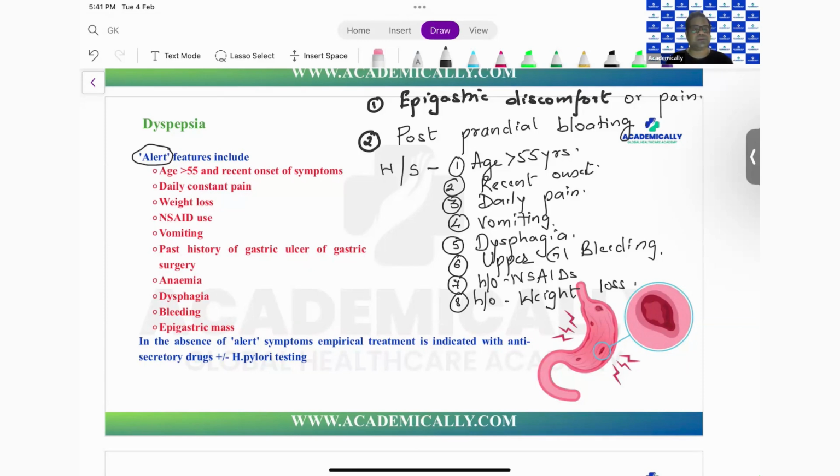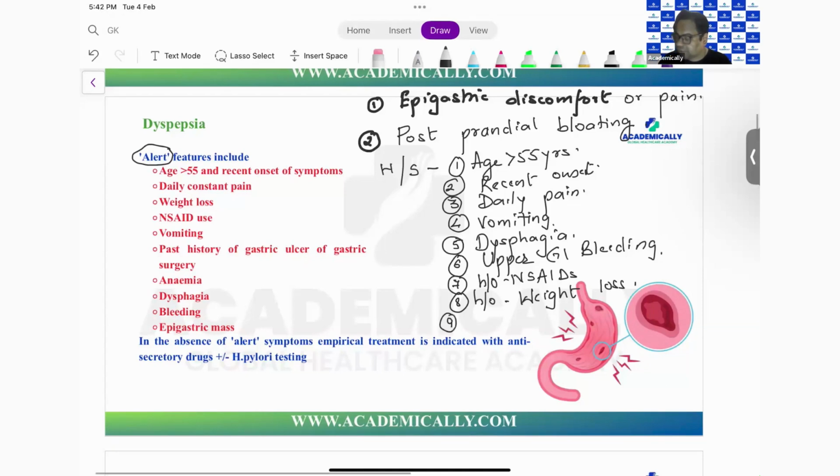If a person is undergoing weight loss for some specific purpose, going on a weight loss program, dieting, going to the gym, doing exercise, it's a different thing because it's an intended weight loss. But if there is a significant weight loss, almost 10% of the body weight within 3 months, which is unintended, then that is a red flag for us.